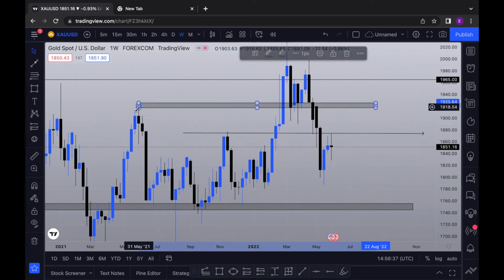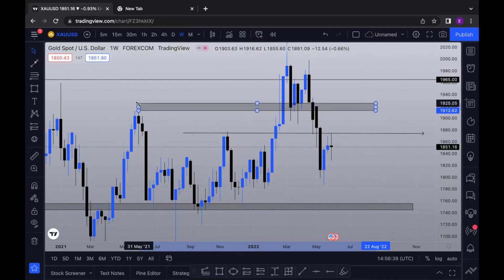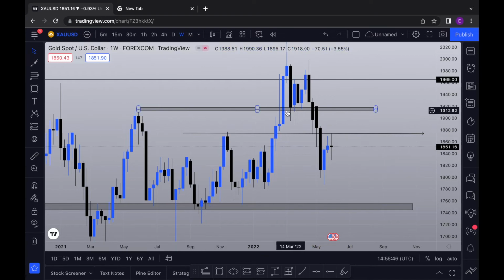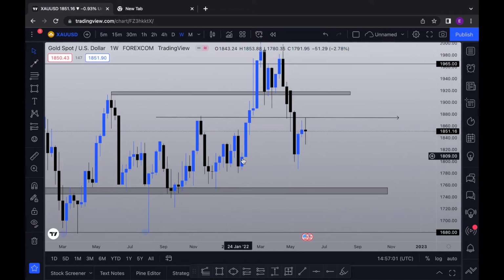What I'm marking at this level here is, if you watch closely, the market touched this level, came back to this place and rejected a couple of times, then went up before breaking it. So I have this level marked out too. It's an important level for me. Overall, it's looking good to drop back down to 1755 or 1680.